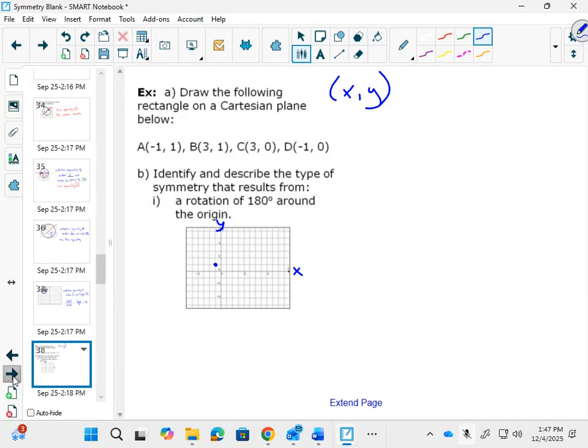Draw a dot and put the letter A. For 3, 1, my x is 3 and my y is 1. This is point B. C is at 3, 0, so x is 3, y is 0. And D is -1, 0. Joining these up creates the rectangle ABCD.